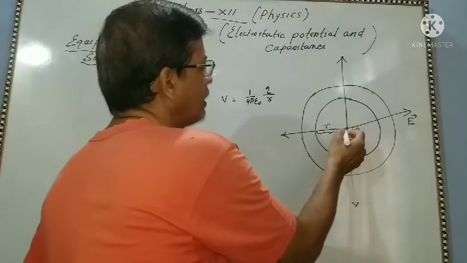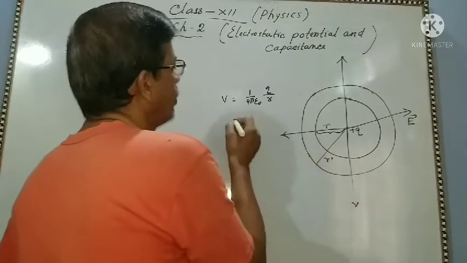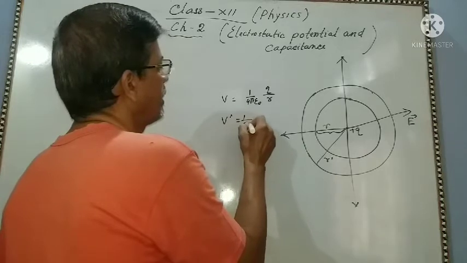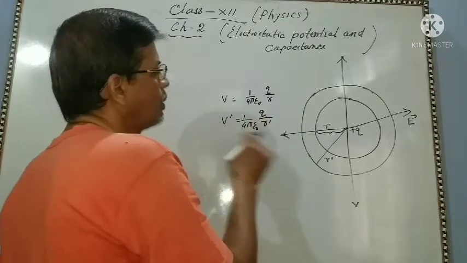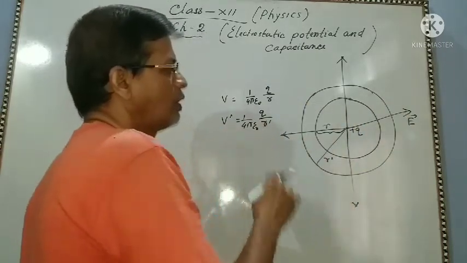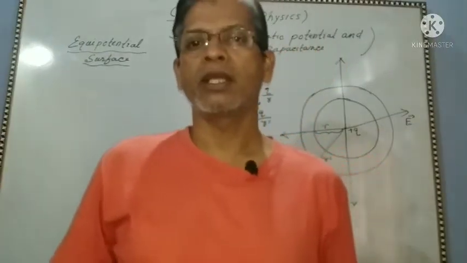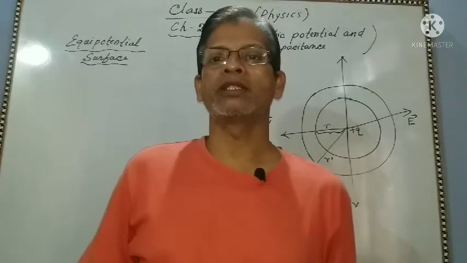Suppose this is r dash. So what will be the potential? V dash equal to 1 by 4 pi epsilon naught q by r dash. So on its surface at every point the potential will be this. So these are the equipotential surfaces. Clear? Now equipotential surface has different properties.